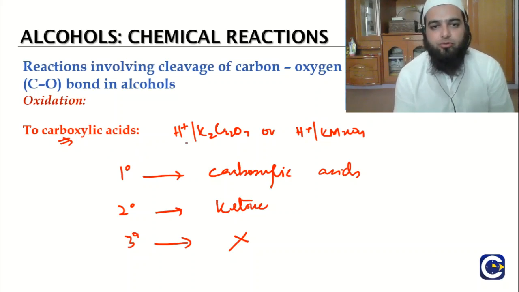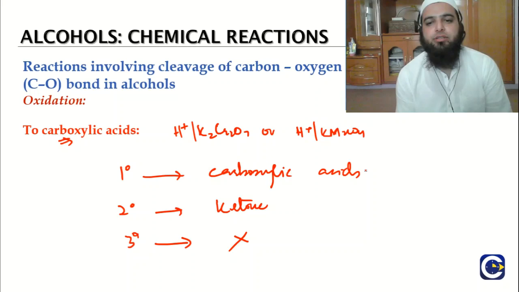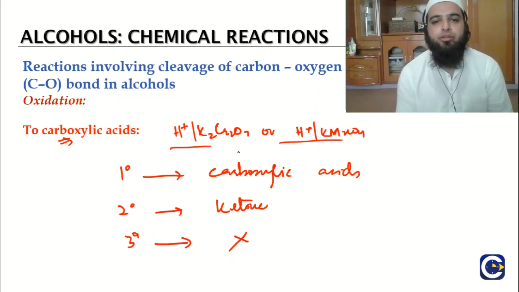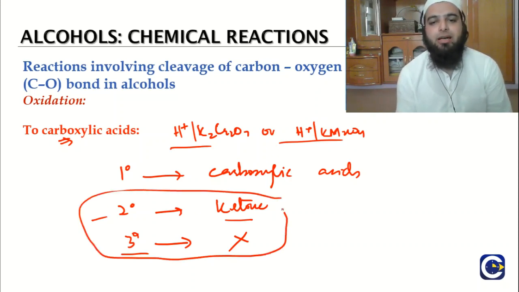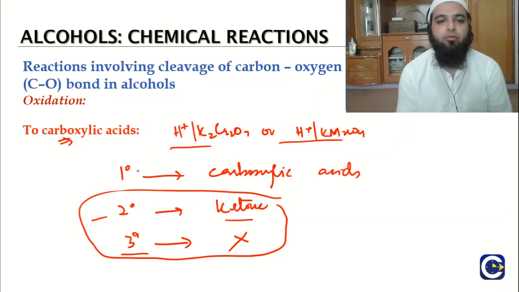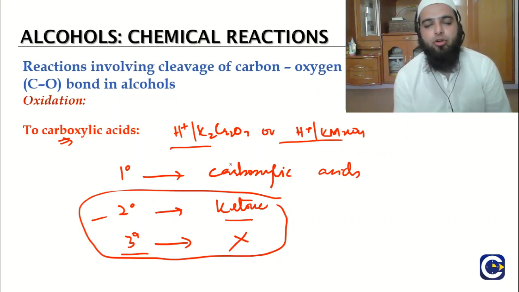So we use strong oxidizing agents to convert primary alcohols into carboxylic acids, but the same strong oxidizing agents will convert secondary alcohols into ketones, and tertiary alcohols won't be oxidized. So if we want carboxylic acids as product, then we have to treat the primary alcohols with these strong oxidizing agents.